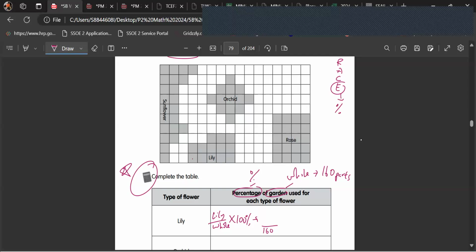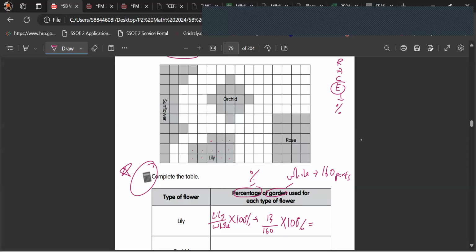Lily, 1, 2, 3, 4, 5, 6, 7, 8, 9, 10, 11, 12, 13. And here's your prime number, 13. Divided by 1 and itself, so you can't have other factors. Then you multiply by 100%. Then you can use a calculator with this.